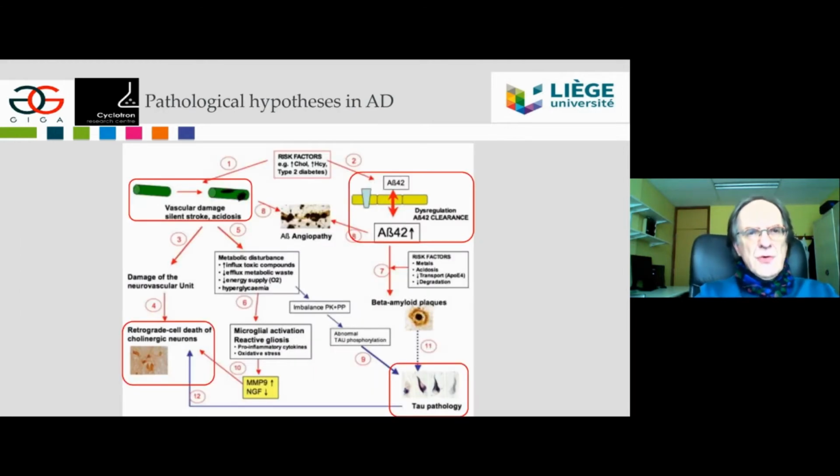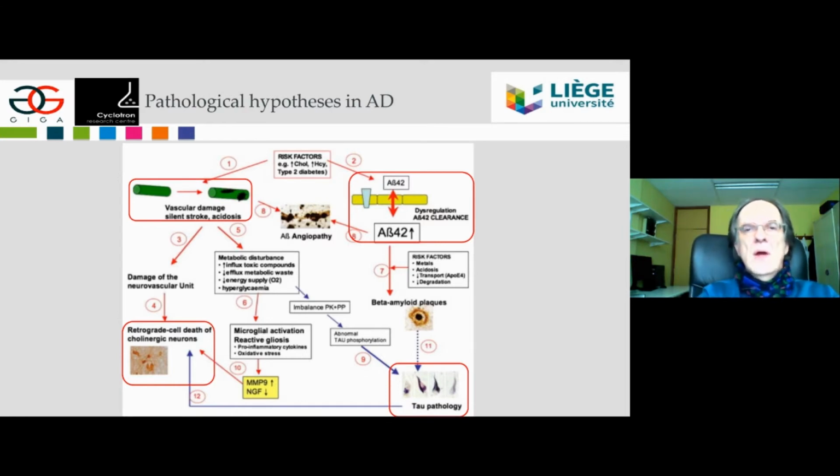If you go back to the pathological hypothesis, what we can see on the right of our picture is amyloid beta pathology and tau pathology, but all that is finally leading to neuronal injury and pathology. If we just have abnormal proteins that do not disturb the brain networks, we do not have a real pathology.